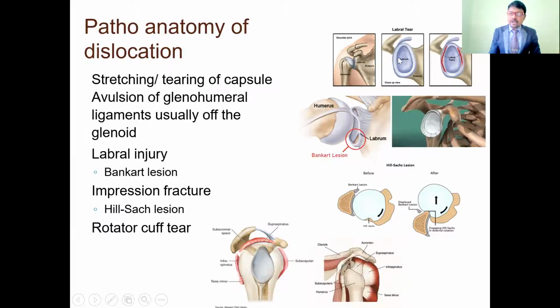If you see here, the normal labrum is fixed to the glenoid cavity. It gives a cushion and support to the head of the humerus.